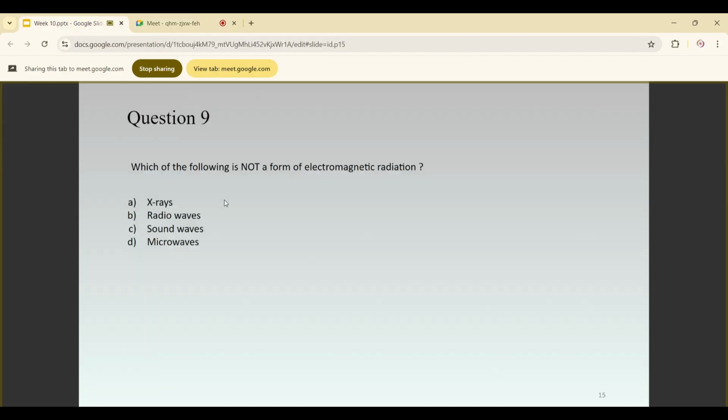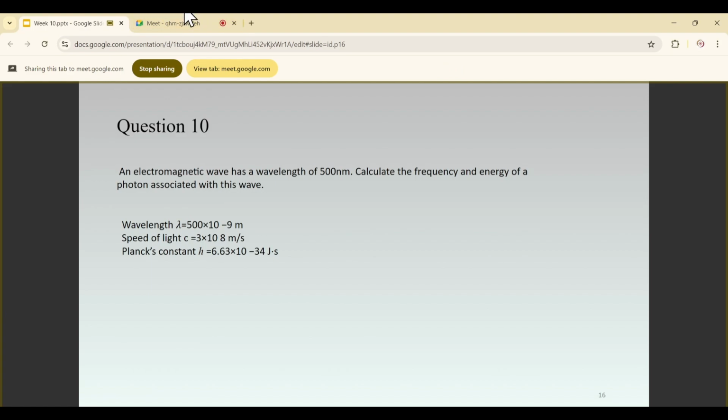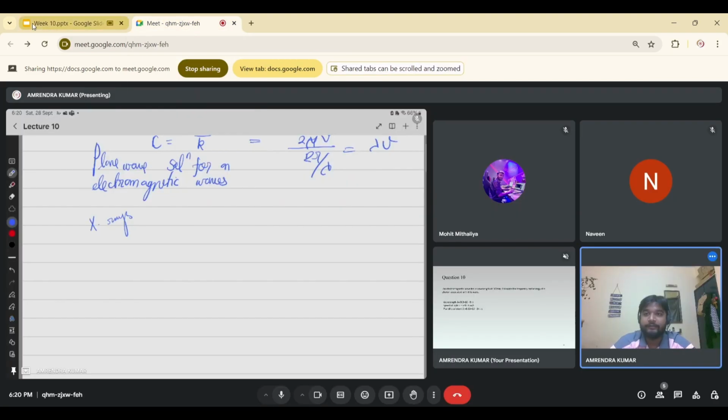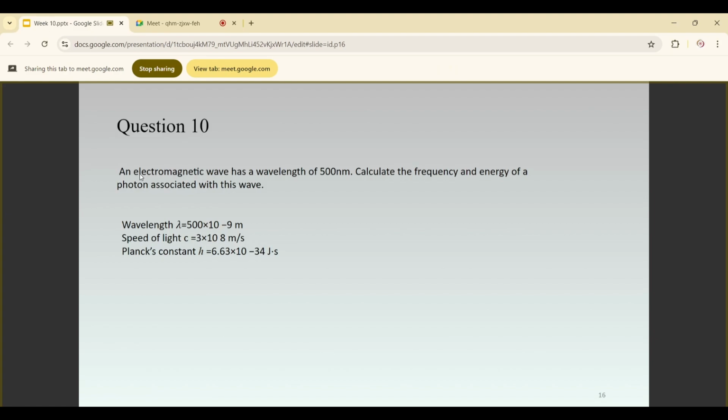Okay. So our next question is: an electromagnetic wave has a wavelength of 500 nanometer. Calculate the frequency and energy of the photon associated with this wave.